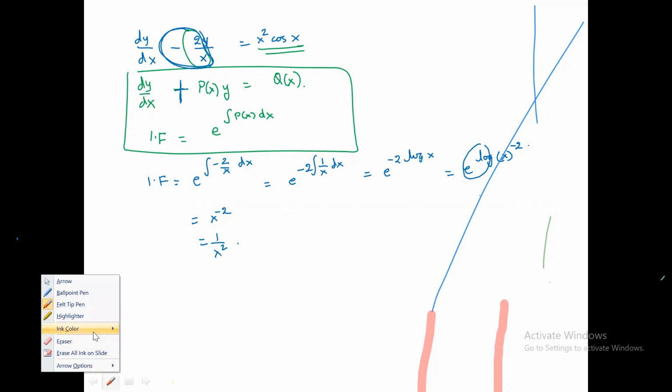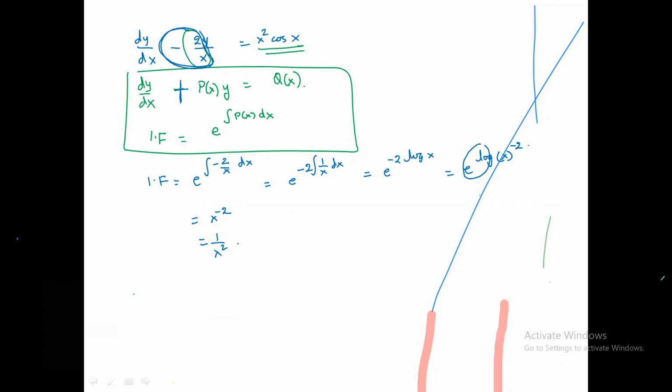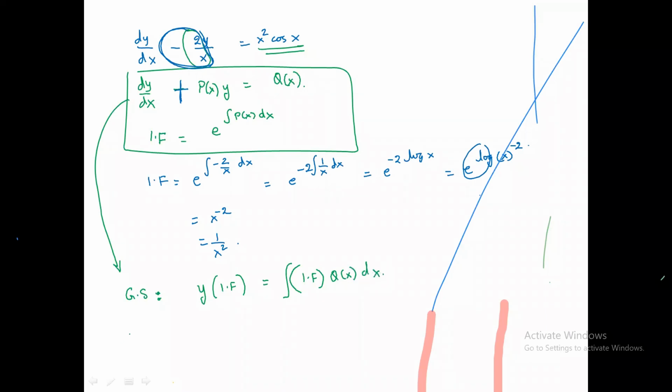Now, once I know the integrating factor, how will I find the general solution for this type of equation? The shortcut formula is y times the integrating factor equals the integral of the integrating factor multiplied with q(x) dx.